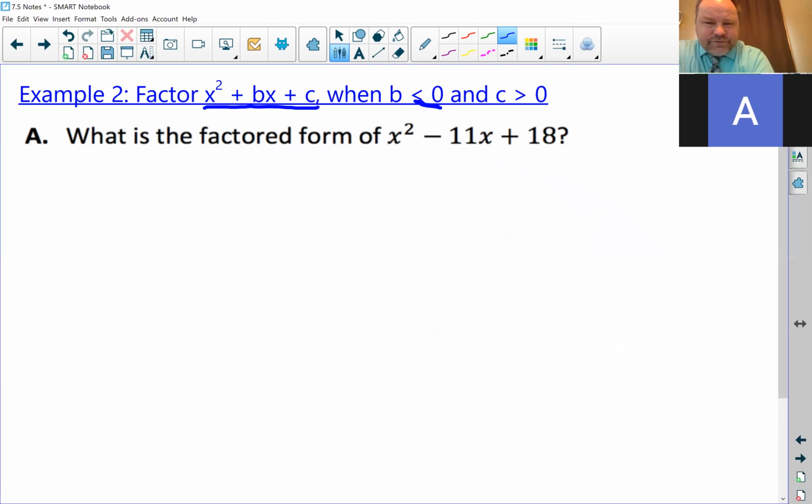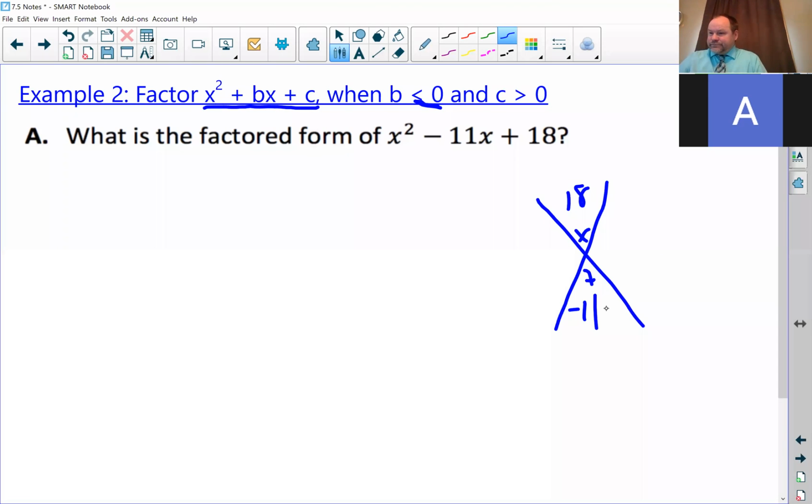So we're going to find two numbers that multiply to 18 and add to -11. Again, they multiply to a positive, add to a negative. So both numbers are going to be negative.